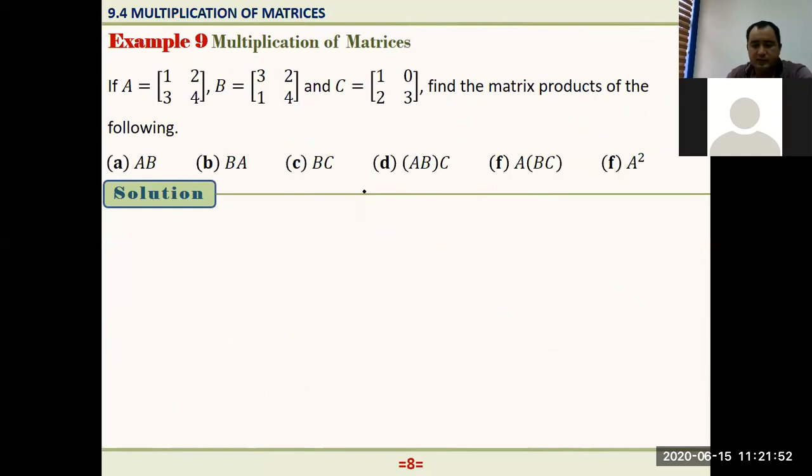In real numbers, 3 times 5 equals 5 times 3, so they have the commutative property, that is, A times B is equal to B times A. But here, we will show that in matrices, A times B in general is not equal to B times A. We don't have such a rule. We will prove this in this example.